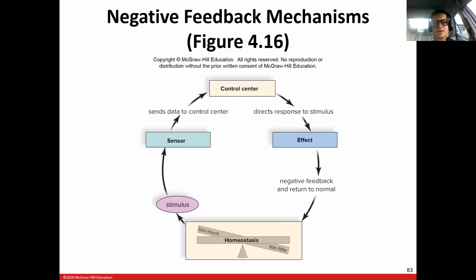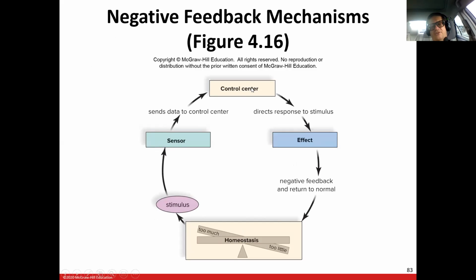So homeostasis, they have it at the bottom here, is trying to maintain a balance. So you have a stimulus, say it's, oh, it's too hot, and then you have a sensor that responds to the heat. It's like, oh, we got to do a thing to get rid of the heat.